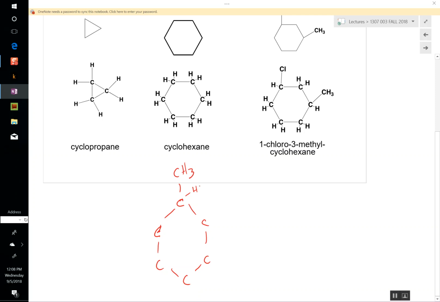Yeah, well, if there's only one there, I don't need to put the 1, because any carbon that has something on it is where you would start counting. But let's say I had another methyl group down here. Okay, now I need some numbers. Now I need 2 numbers actually. This is going to be carbon number 1, 2, 3. This would be 1,3-dimethyl cyclohexane.